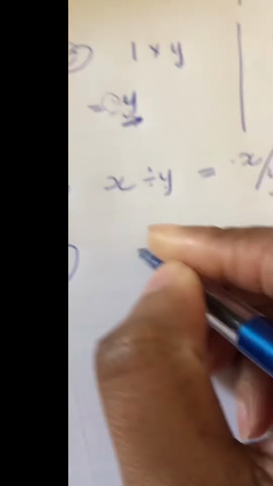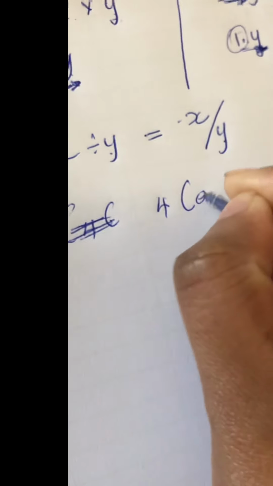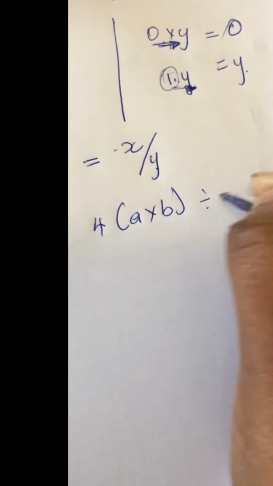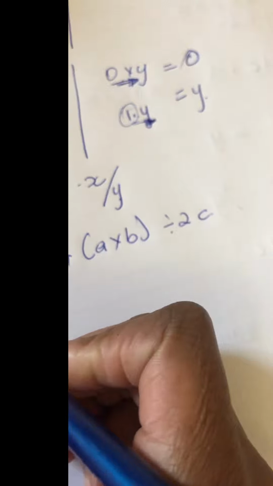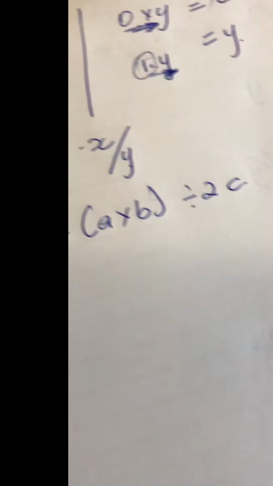The question says 4 into a times b divided by 2c. You need to write this in an algebraic form and the shortest form, and also simplify it.